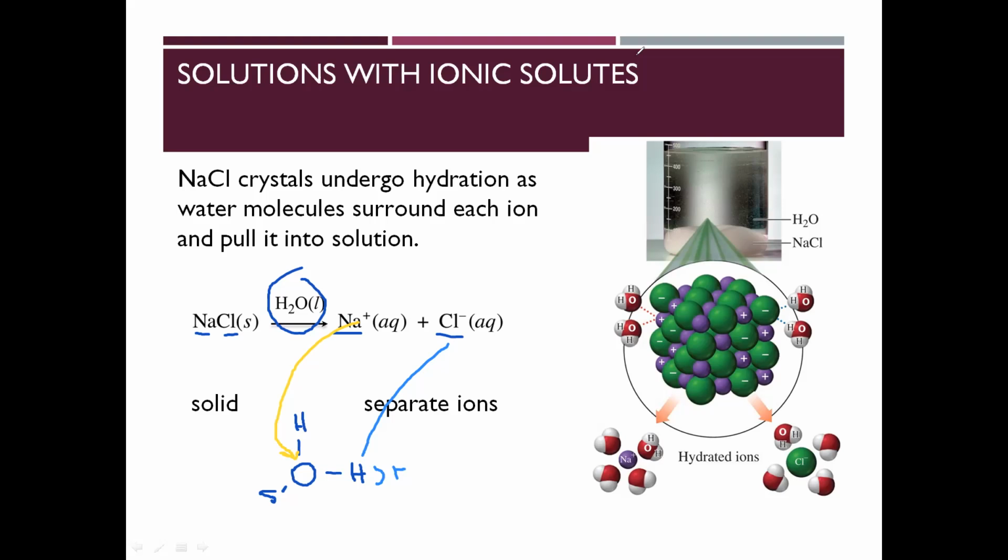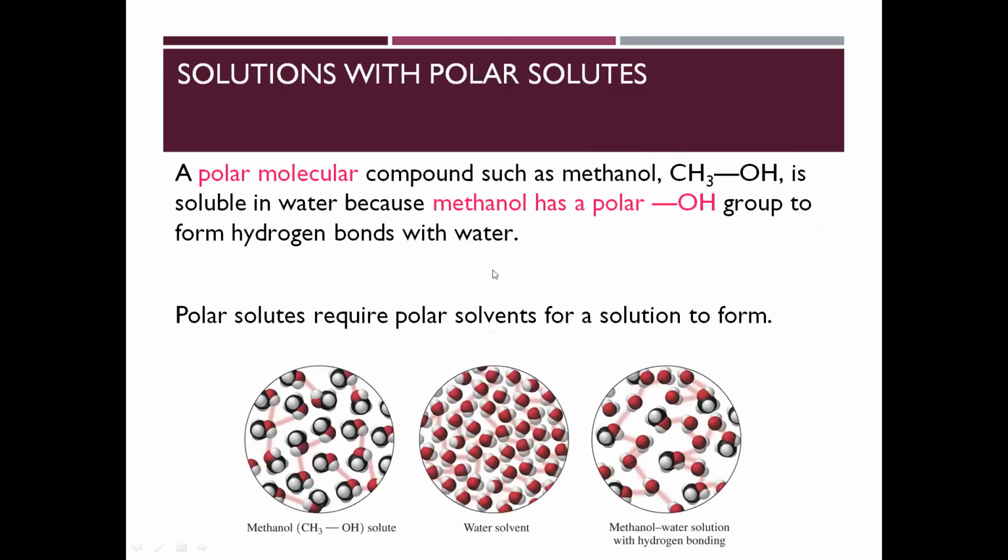It's able to undergo hydration because the water molecules around it pull it into the solution and separate them into ions. That's why if you put pure salt in water, it now becomes salt water. It ionizes into sodium ions and chloride ions. So like dissolves like.